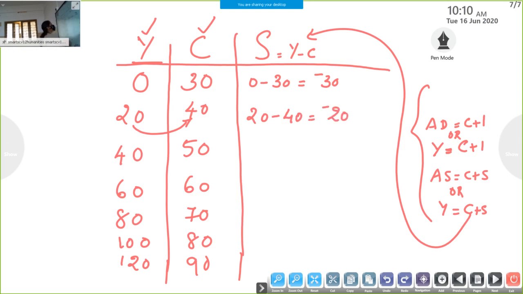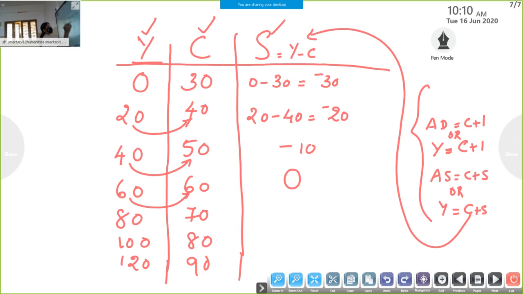Minus 20. Right? Like this, 40 minus 50, we are getting minus 10. 60 minus 60, that means level of income minus level of consumption will give saving, that is 0.